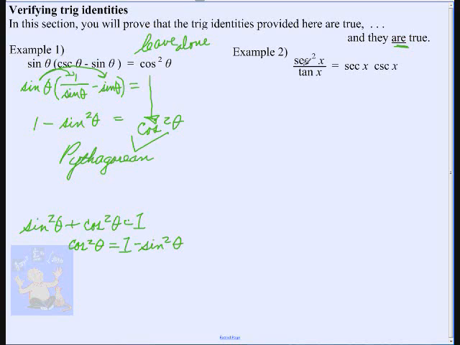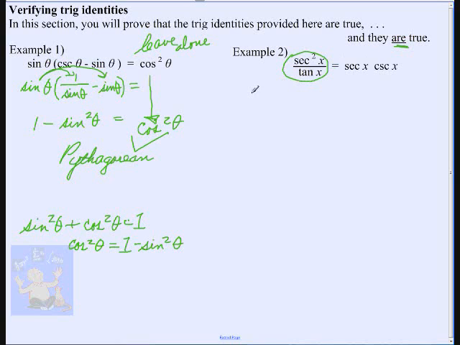Example 2. I've got two sides. Which side should I work with? I think this one looks like the more complicated side. Usually we'll choose the more complicated side. This is the one we'll work with. We're going to leave this side alone.